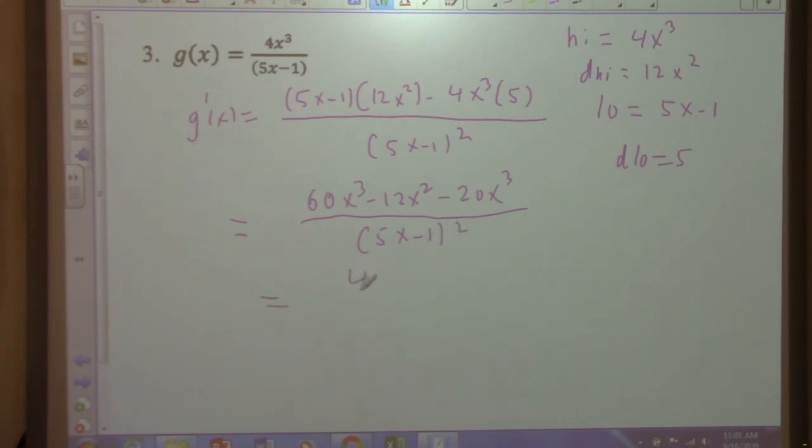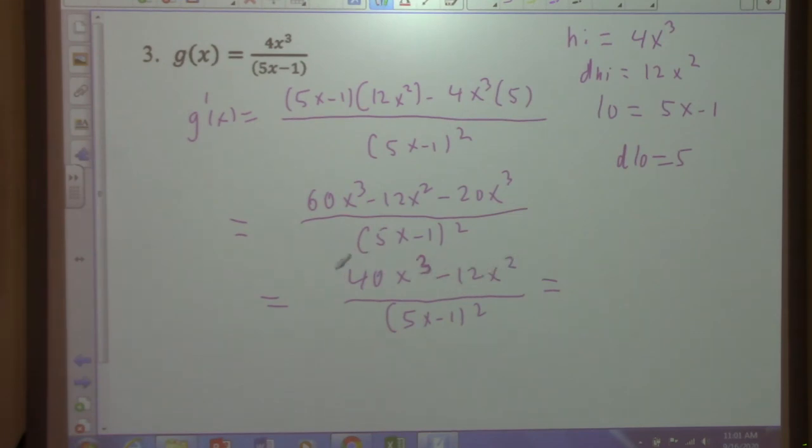So 40. Now, is this what you got for 3? Yes. Something like that. And another thing you see is sometimes you can see in the numerator some opportunities for factoring.